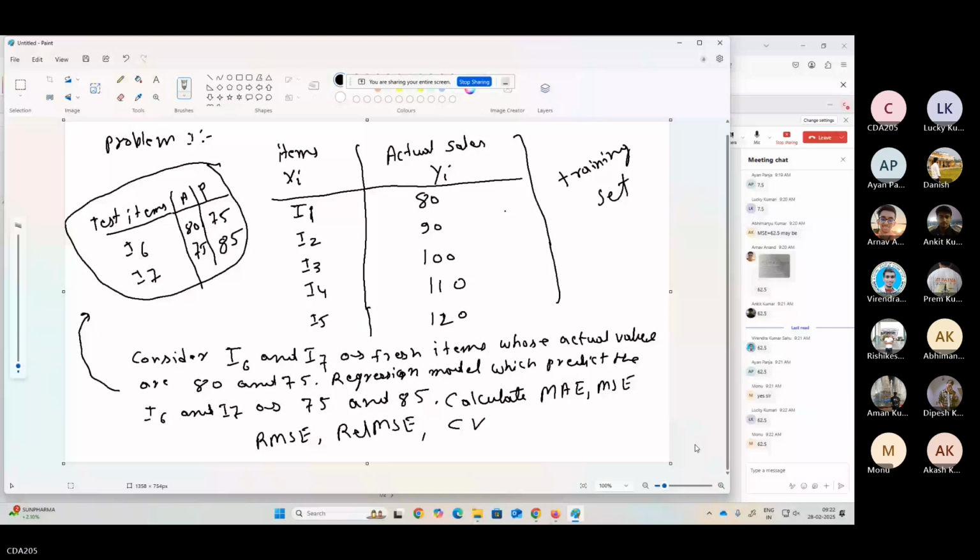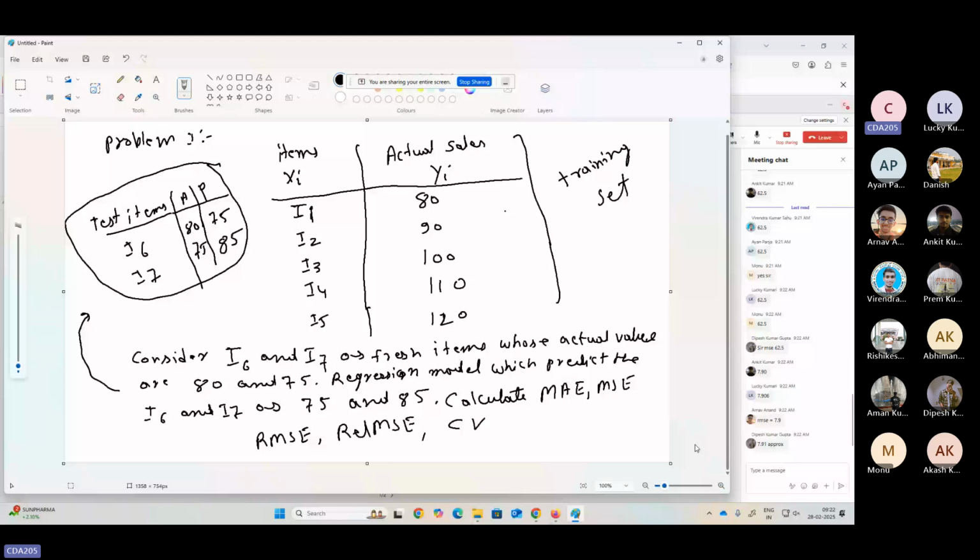Okay. Now another one, after the MSE, is the root mean square error, RMSE. What is RMSE? 7.9.